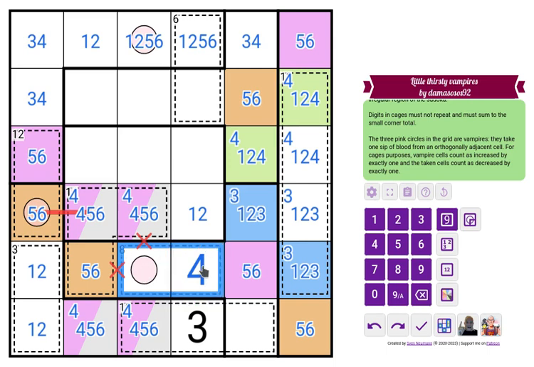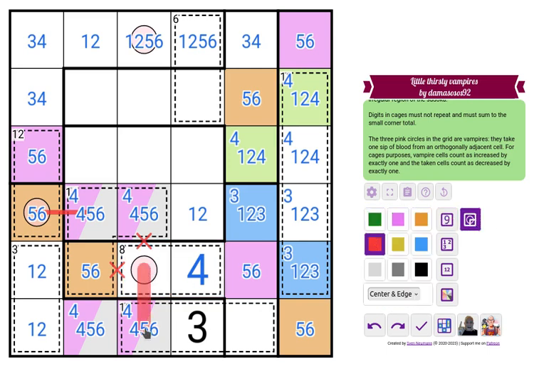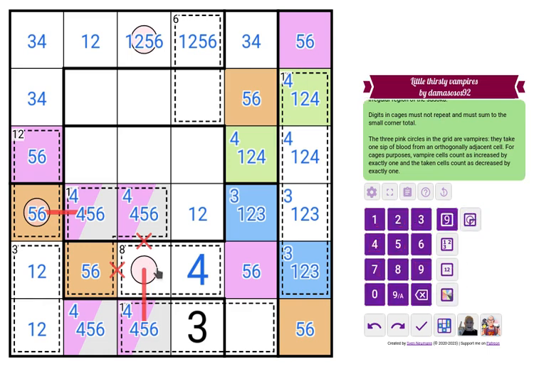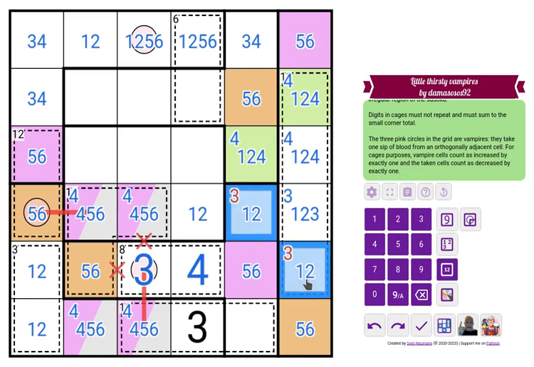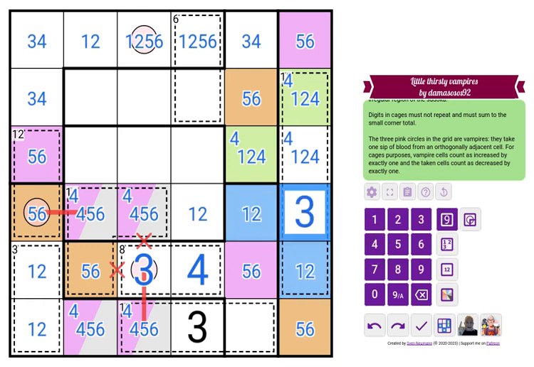Well, it can't be this way in the same cage because it would require another 4, so it goes down, and this is a 3 plus 1, taking from this cage, and there's no 3 here. This is 3.